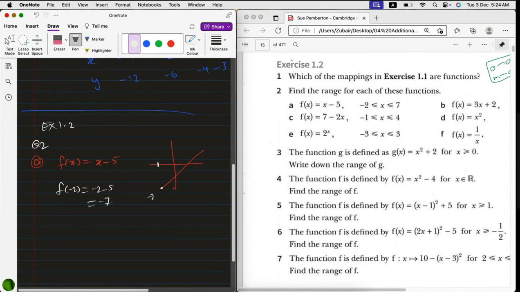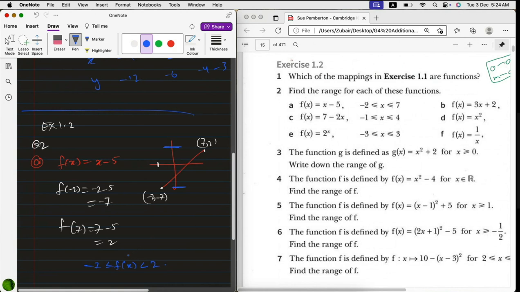So this is -2 comma -7. And the extreme end is f of 7. 7 minus 5 is 2. So at 7, this is 2. And it can be seen that it lies between these two values, which is -7 is less than or equal to f of x is less than or equal to 2.